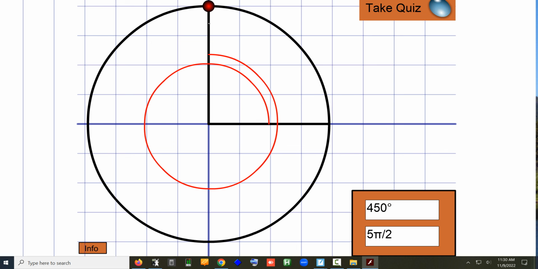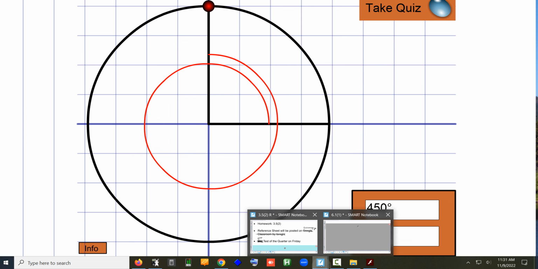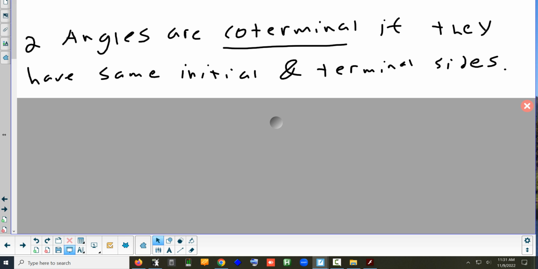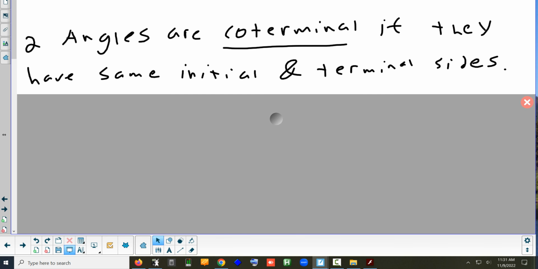They're the same. The initial side and the terminal side are exactly the same for a 90 degree and a 450 degree angle. What that means is those angles have the same initial and terminal side, so they are called coterminal. Angles with the same initial and terminal sides are called coterminal.